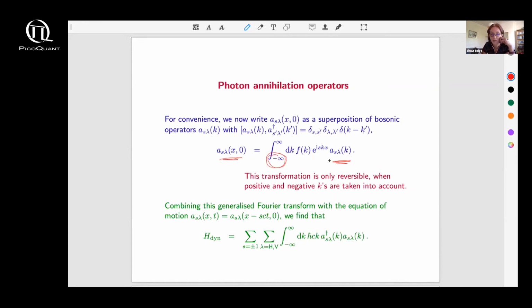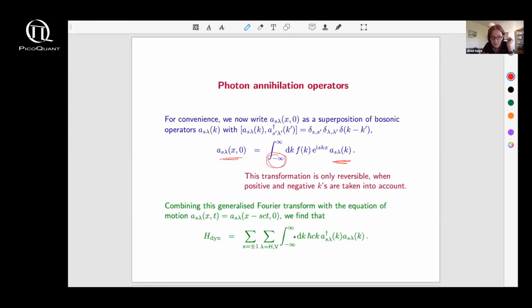One thing we do is, if I want this transformation to be consistent with the equation of motion, so all wave packets moving with the speed of light, then I immediately see that the Hamiltonian for these bosonic operators has to have this form. And that's exactly the standard Hamiltonian that we always use for photons in free space.